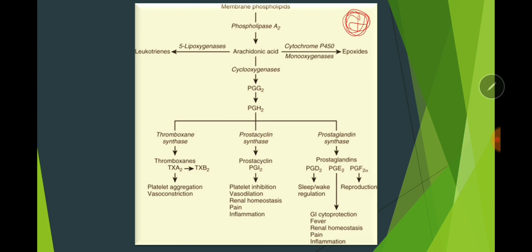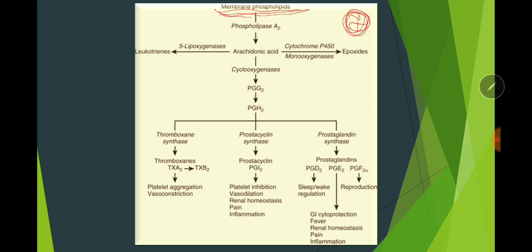You have a cell membrane, and the cell membrane is made up of a bilayer of phospholipid. Don't forget your biochemistry or your cell biology and the architecture of the cell. So you have to understand all those. That's why, as a clinician, you can't just go about doing certain treatments without understanding the mechanism of what you're treating.